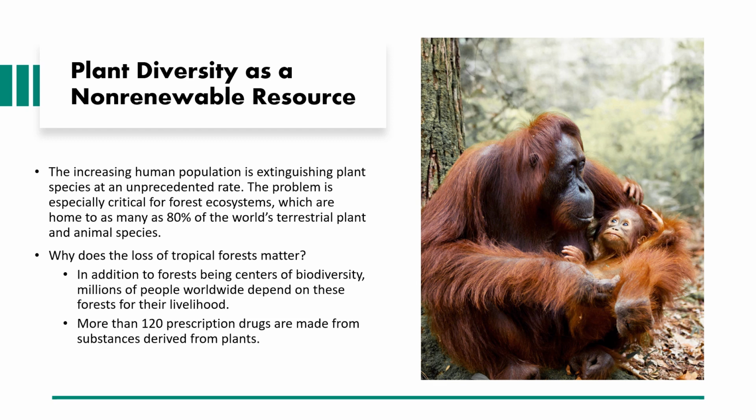Okay, and more than 120 prescription drugs are made from substances derived from plants. And so when we destroy whole swaths of rainforest, we are potentially destroying plants that could be sources of cancer drugs or other types of drugs that are going to help cure some really horrible diseases. And so we won't even know about that if we get rid of these resources before we do that.